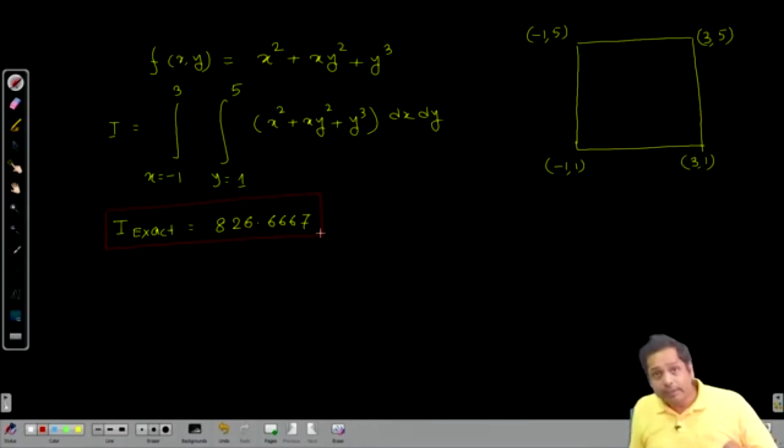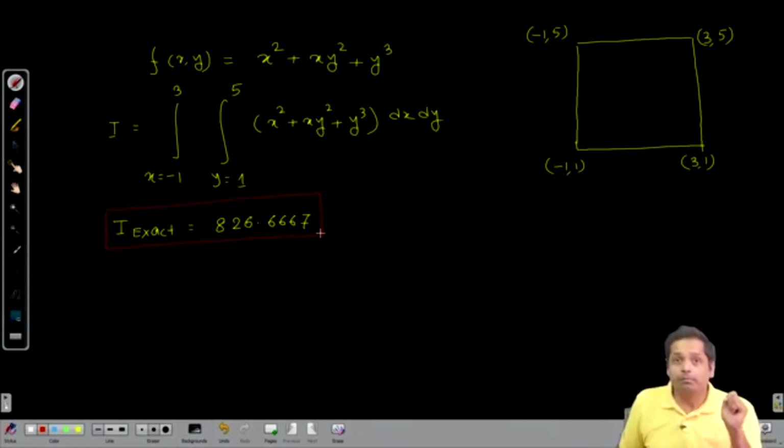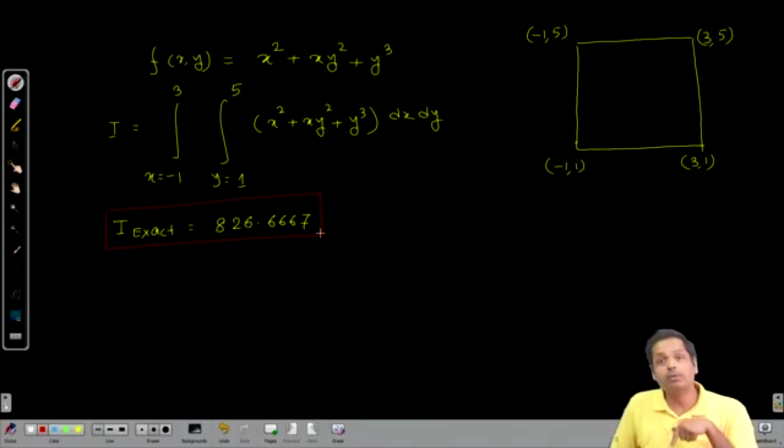Now we will compute the integration using Gaussian quadrature and then compare our numerically obtained result with this. This is a polynomial, so through this quadrature rule we can integrate it exactly, provided the integration rule is chosen properly.